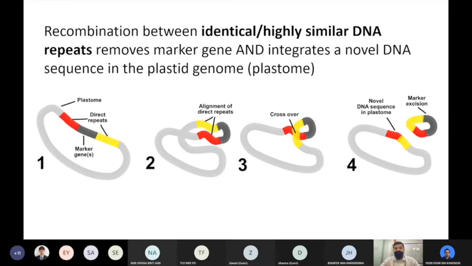Theoretically, if the crossover happens in the middle, we will have 50% from each of the original direct repeats. So this is a new gene. I'll explain a bit more on that.